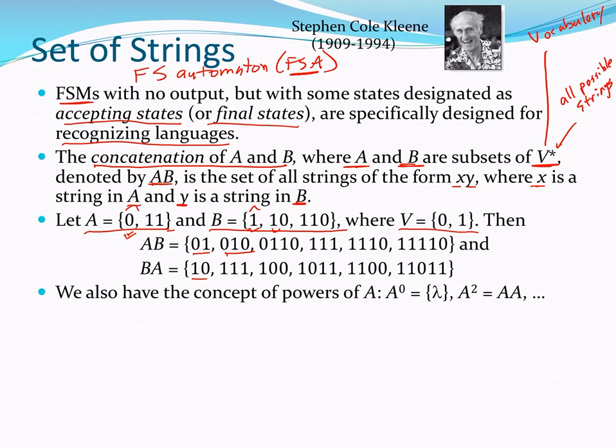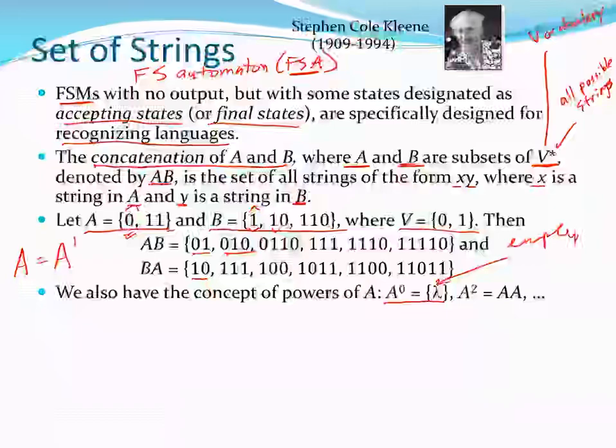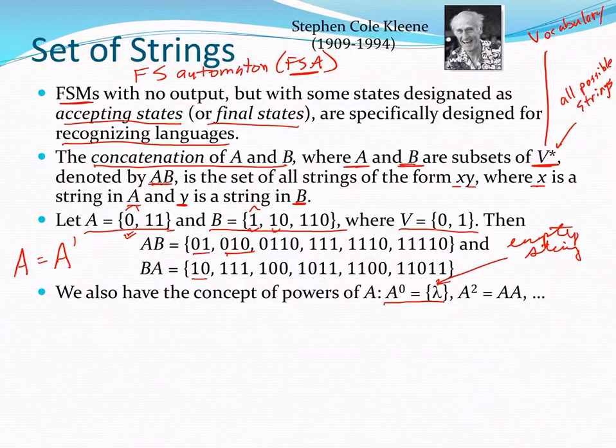So that gives rise to the concept of powers of A, where A is equal to A to the first power. A to the 0 power is just the set containing the empty string. It's not the empty set, but the set containing the empty string.